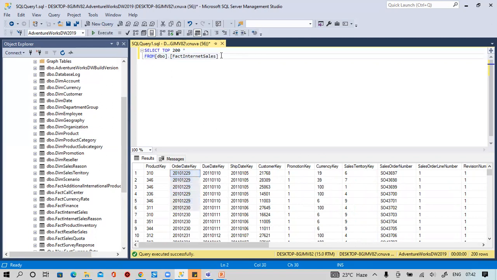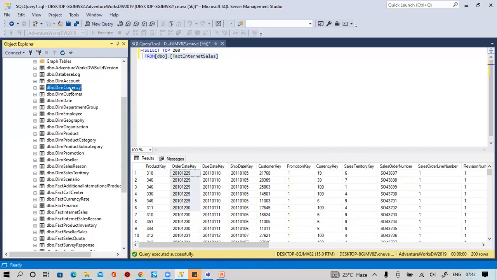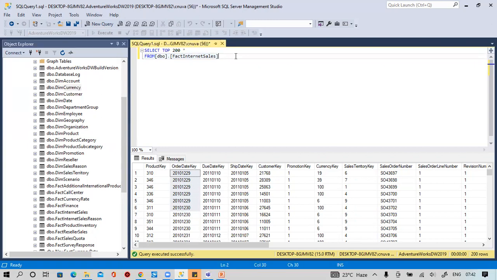In a real-world requirement, when you are working in the real world, you don't see naming conventions like fact internet sales, dim date, dim customer, currency. You don't see such naming conventions in the real world. You just get tables like sales, customer, product, something.